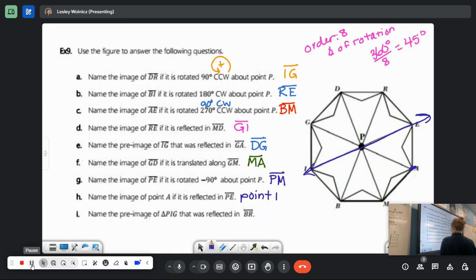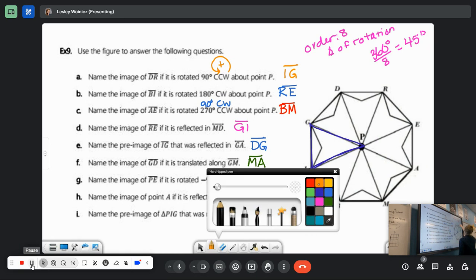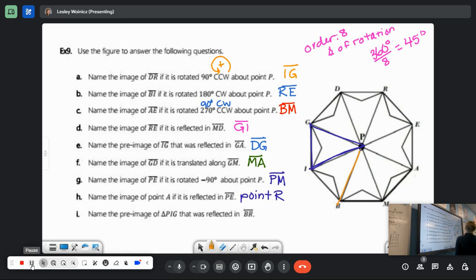Okay, name the image of triangle PIG that was reflected in line BR. So triangle PIG is this guy. The line of reflection is BR. Okay, so where does P map to? Itself.